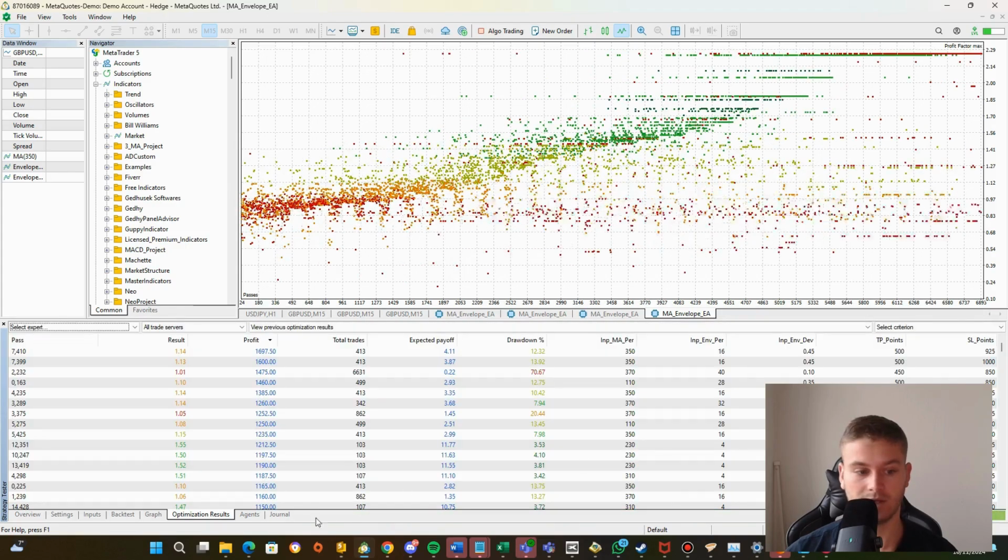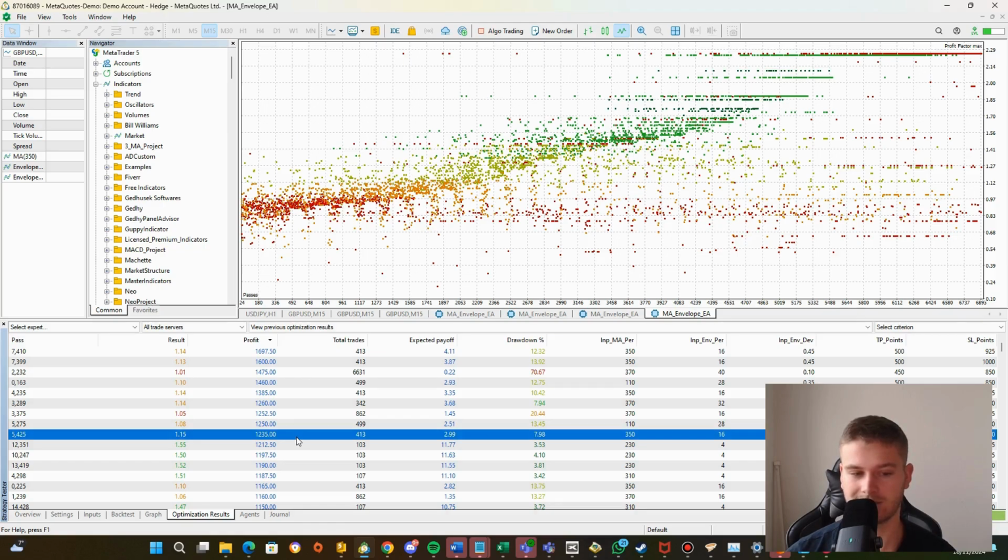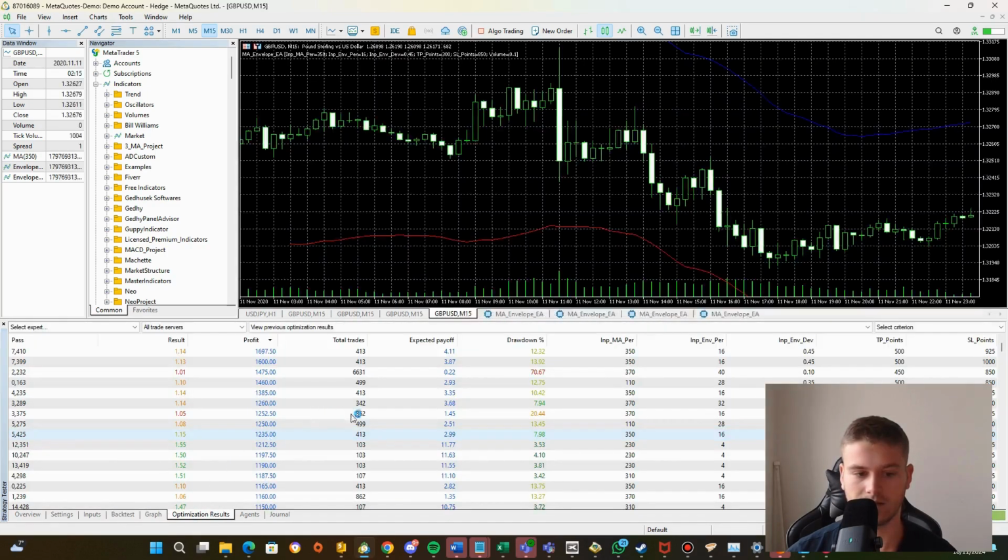So let's check it. These are the best settings, or the best results we have. I don't like this, to be honest with you, because it's the same thing. We either have a very nice profit factor but with a low number of positions, or we have a bad profit factor but with a high number of positions.